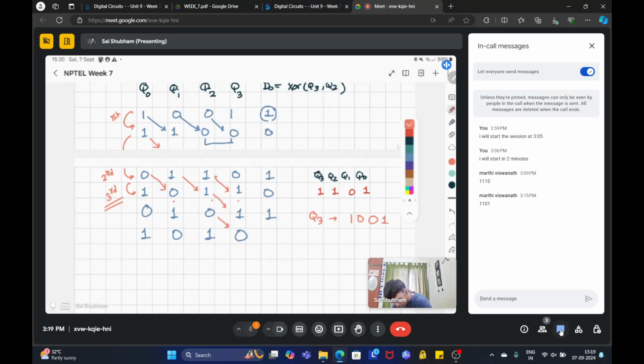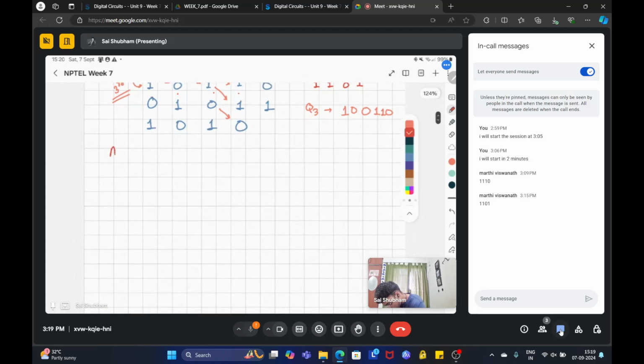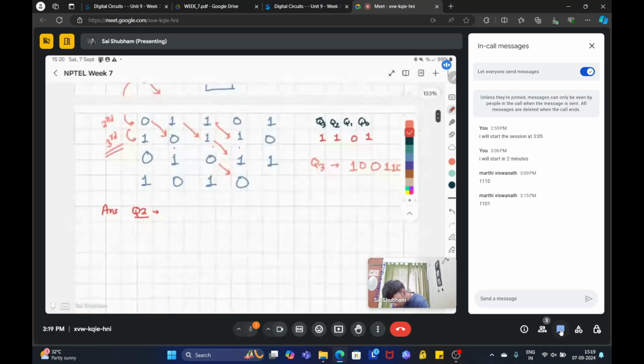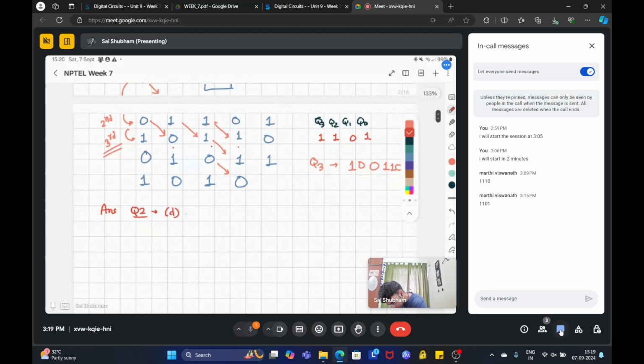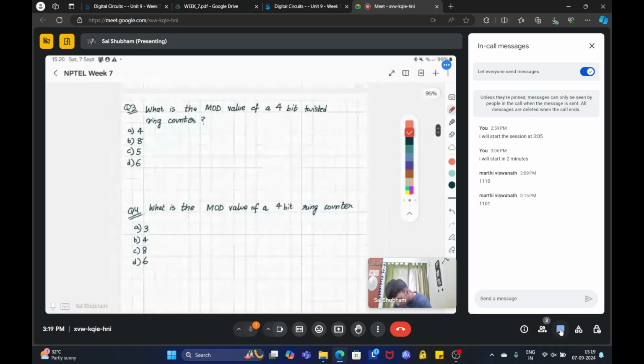So the pattern of Q3 is 100110, which is option A. So the answer to question 2 is D and A. Fine. Let's move on to the next question.